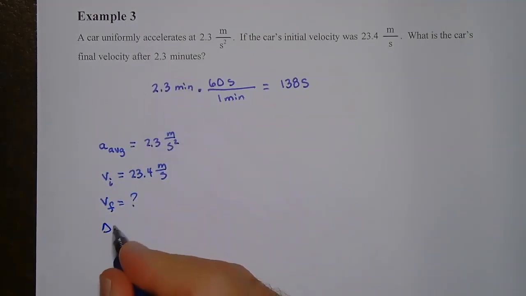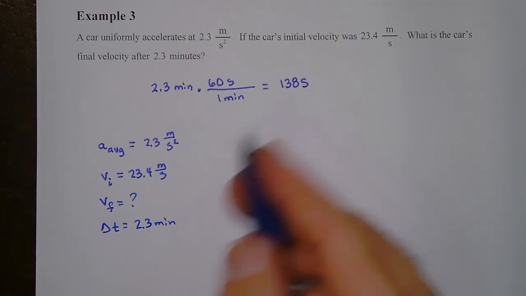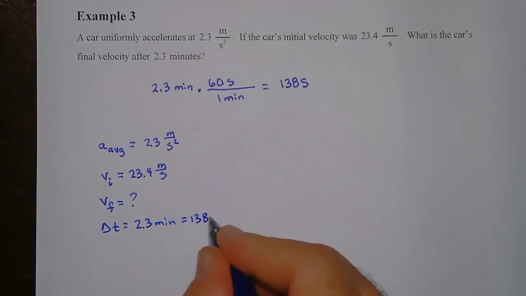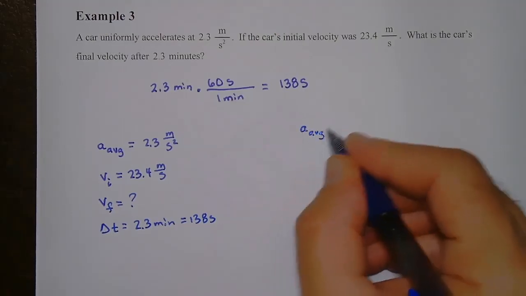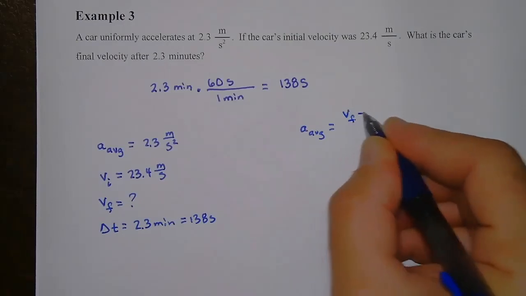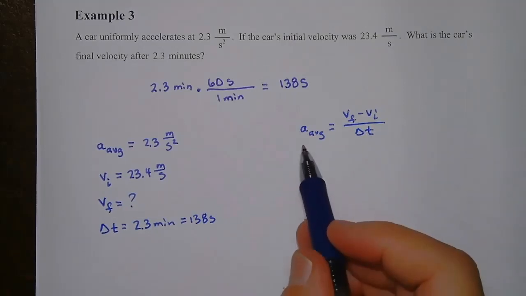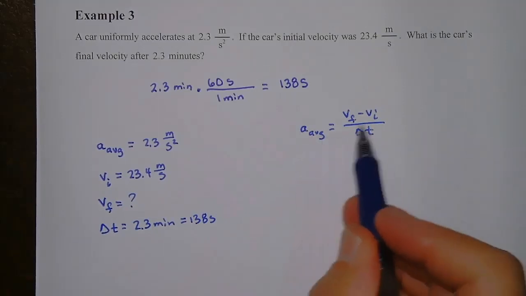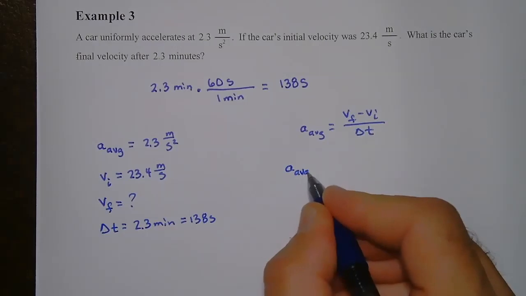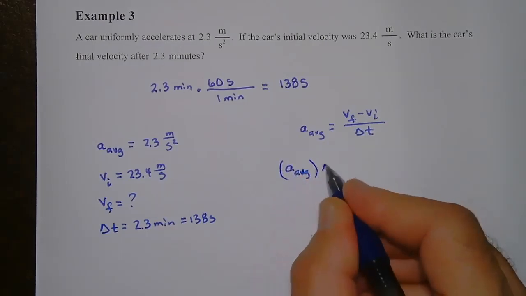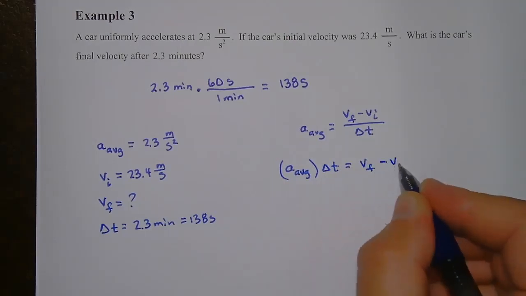So now delta t is equal to 2.3 minutes, but we now know that is 138 seconds. Again, we know that the average acceleration is the final velocity minus the initial velocity over my change in time. I can multiply both sides by this delta t, and I would have the average acceleration times my change in time is equal to v sub f minus v sub i.